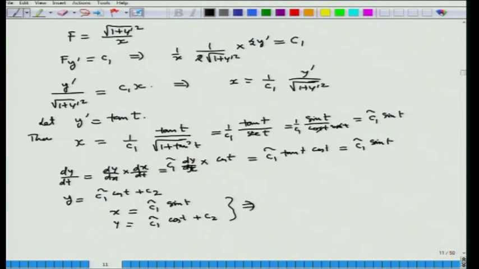So eliminating t from here gives you x square plus (y minus c2) square equal to c1 tilde square. So we get circles as the extremals.